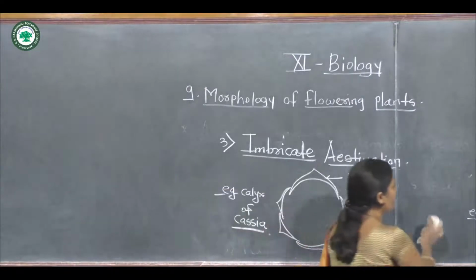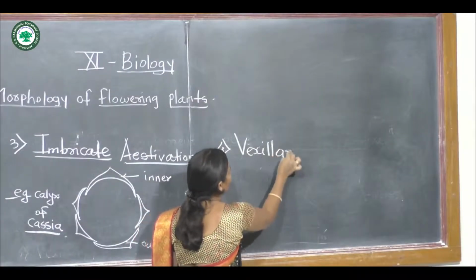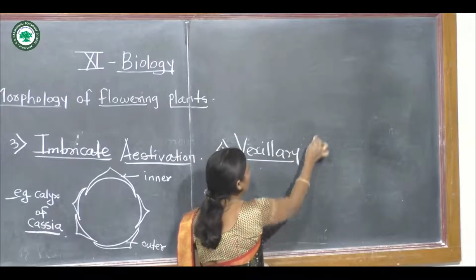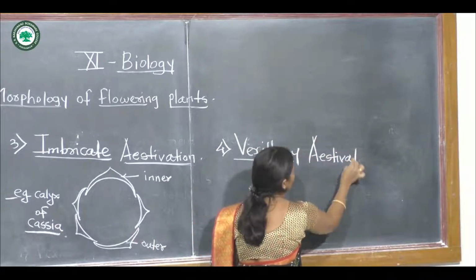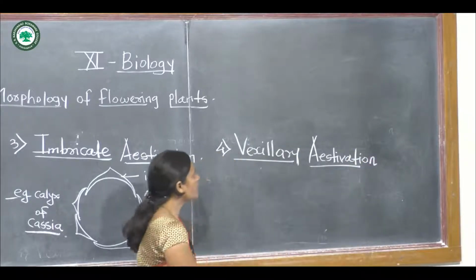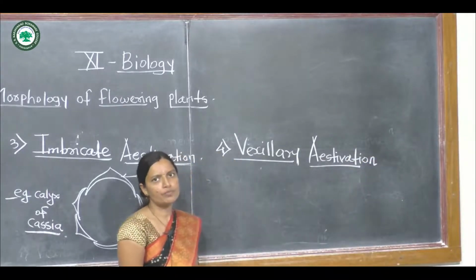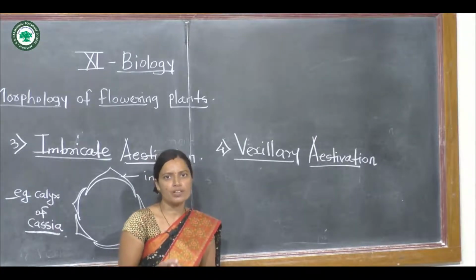Now the fourth type of aestivation is called the vexillary type of aestivation. In this type of aestivation, the corolla of the pea flower is butterfly shaped.